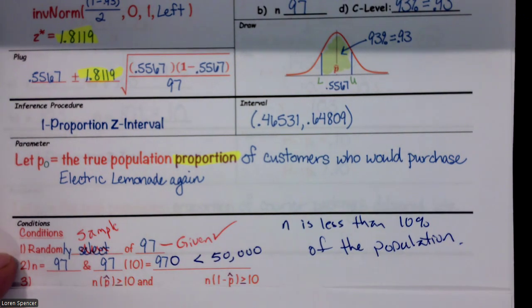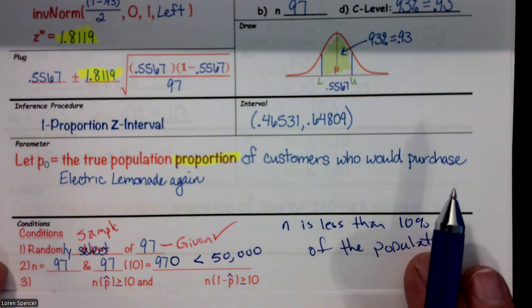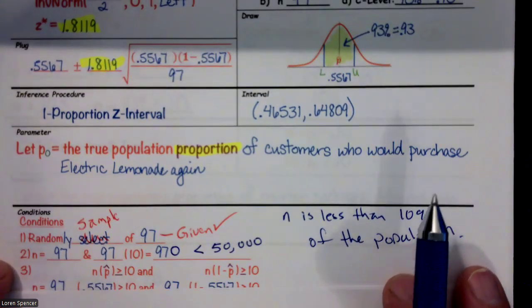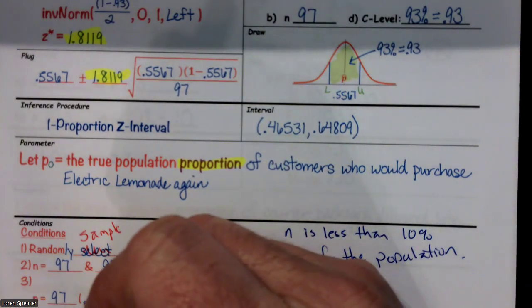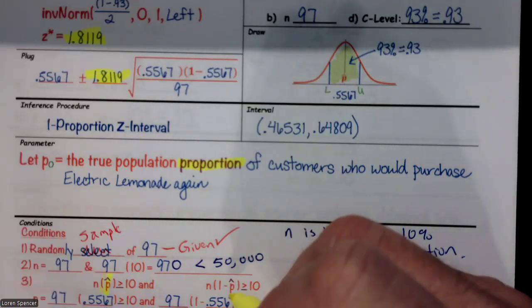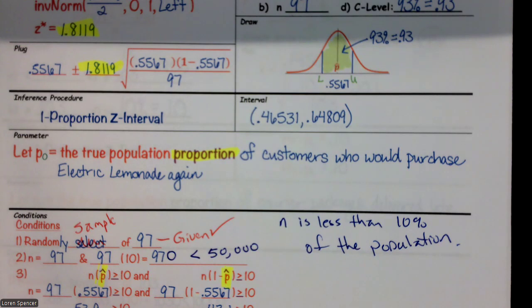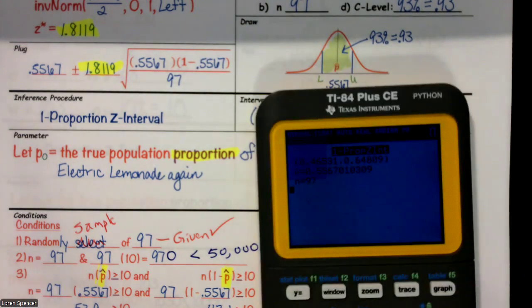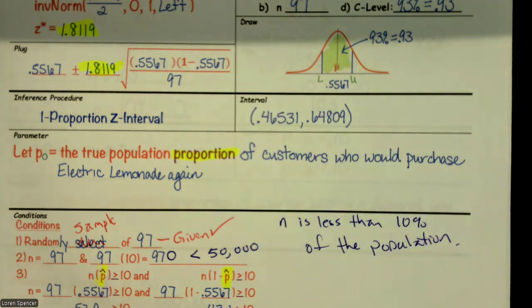Next, we need to check: is our sample too big? The answer is no, because it's less than 10% of the population. The next thing we need to check is, is it big enough? Super important: when we're running a hypothesis test, it's p, but when we're running a confidence interval, we're using p hat. So 97 times 0.5567 is 53.9. That's greater than or equal to 10, so we can check that off.